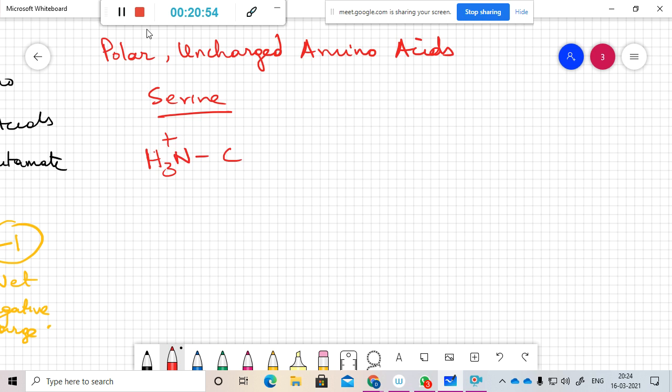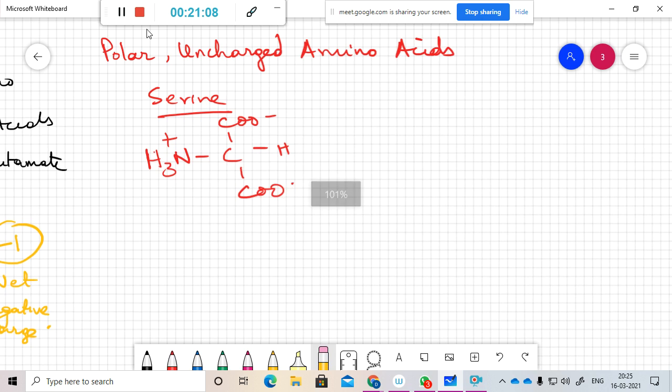You draw the alpha carbon, the COO minus, the H, and the R group has a CH2OH, an alcohol group present.